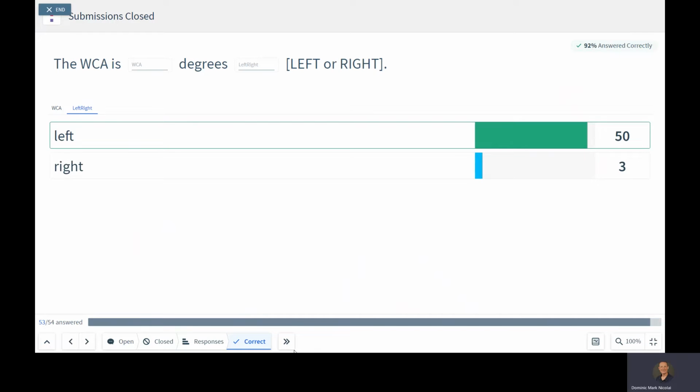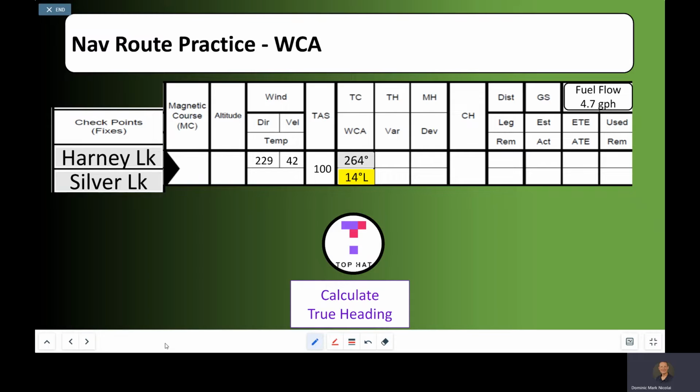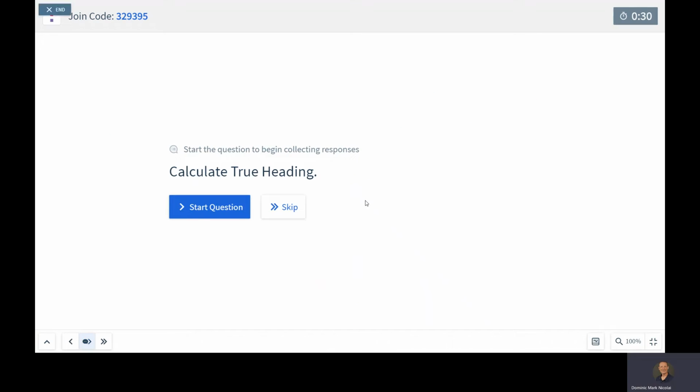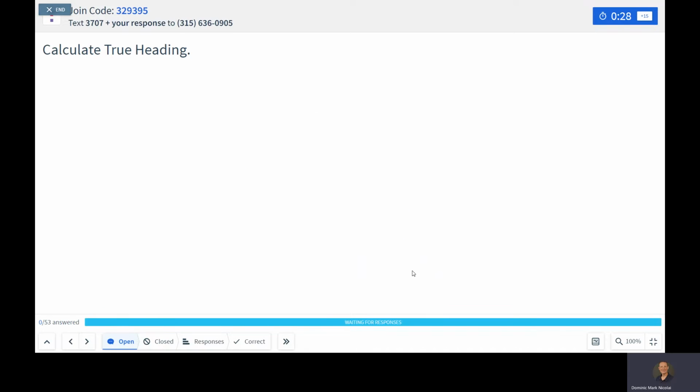So a left correction is going to be subtracted, right? So that's your next question here. Calculate the true heading. So your true course, plus or minus wind correction, equals true heading. A left correction goes counterclockwise on the compass rose. That's a negative.